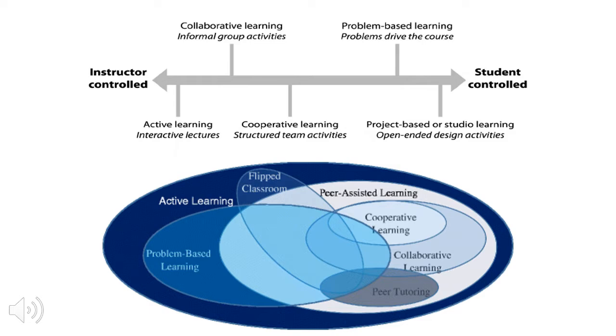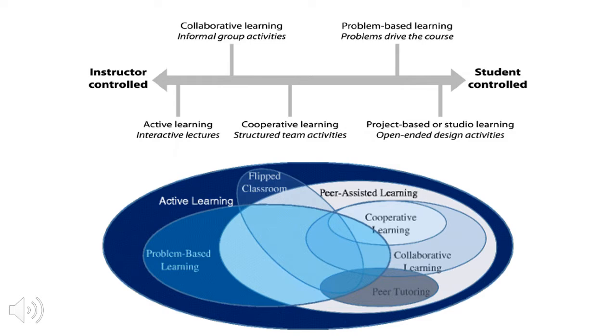Active learning is a broad teaching and learning strategy where the instructor control is higher than the student control. As you move to the right, the learning strategy gives more control to the students. For example, project-based, studio learning, and problem-based learning give more control to the student instead of the instructor.